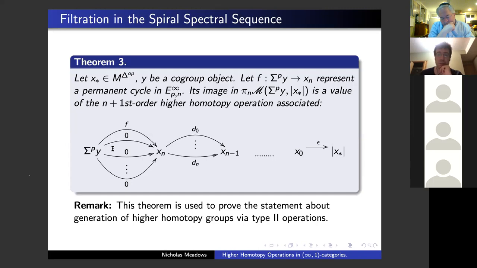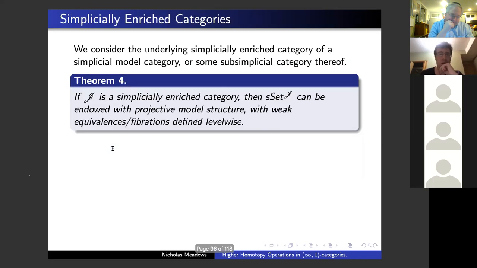And this is a value of a type 2 operation, which is the thing I defined in terms of the hexagons and the permutahedron and stuff. So I can talk about how I can define versions of type 2 operations in a quasi-category for the rest of the talk, if that's what you'd be interested in.